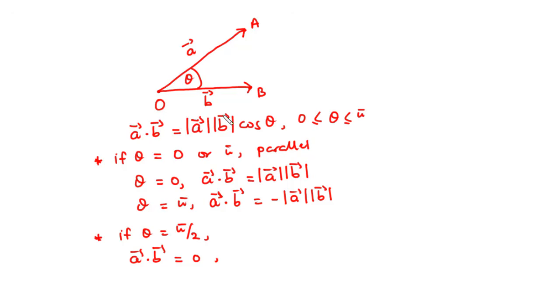And then 0 times magnitude of A times magnitude of B is still equal to 0. Then we say that the two vectors A and B are perpendicular to each other, or better still, they are orthogonal vectors.